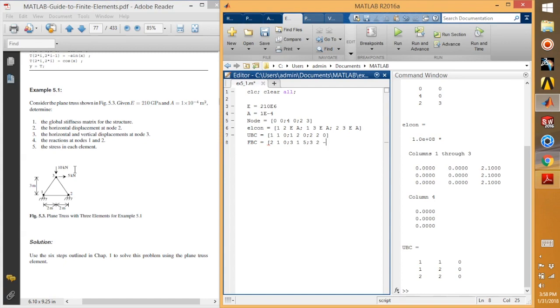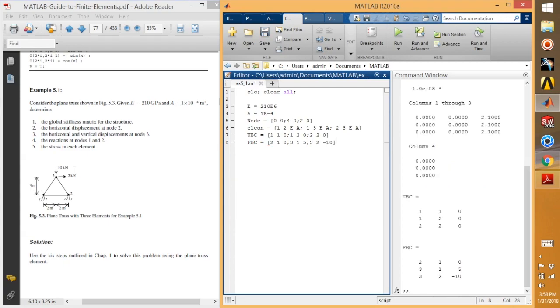Next we are going to define the number of nodes, which is size of node comma 1. What this number node does is give the total number of nodes we have in our problem.